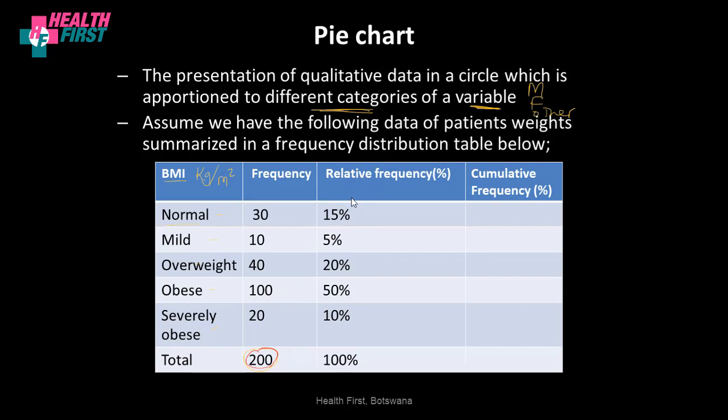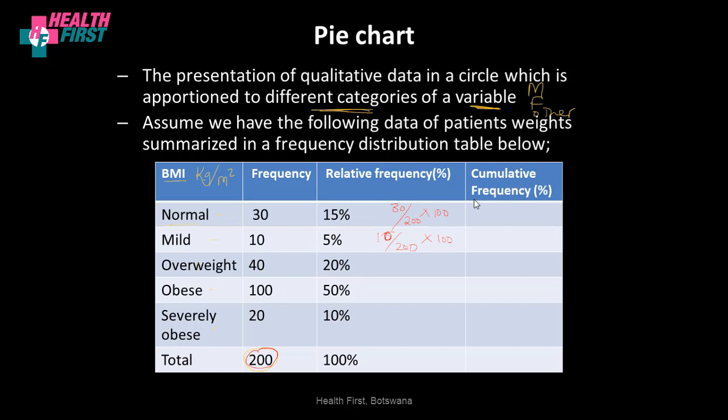And then we get the relative frequencies like we did in the previous example, where we would just say 30 over 200 times 100 to get the relative frequencies of each of these groups. Here we would say 10 over 200 times 100, to get this as a percentage. This is basically what happened here.